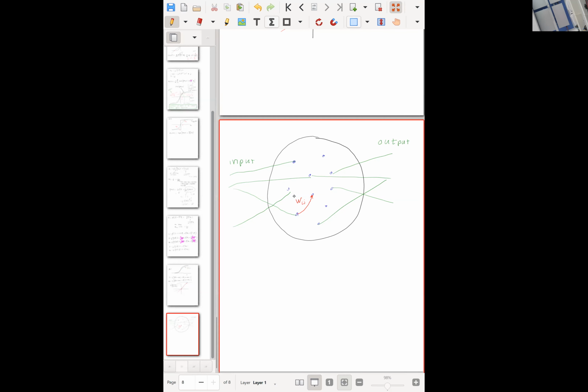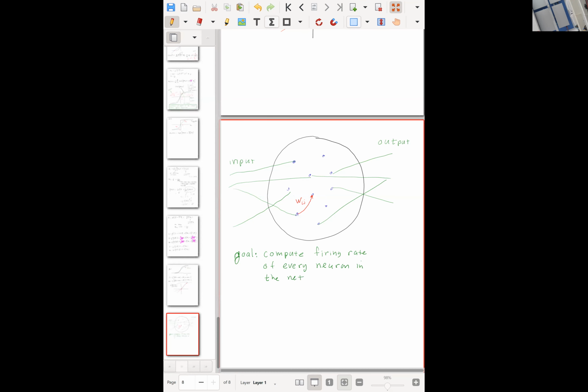So our goal, the thing we would really like to do, is compute or determine the firing rate of every neuron in a network as a function of input.